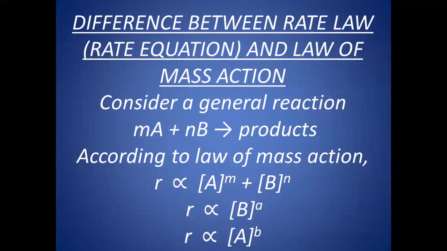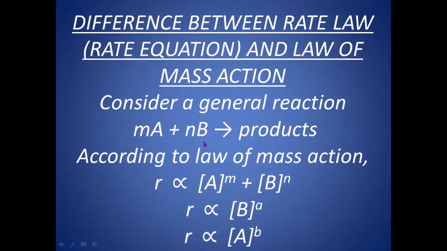Second is the difference between rate law or rate equation and law of mass action, for which we consider a general reaction given by the equation mA plus nB gives rise to products.